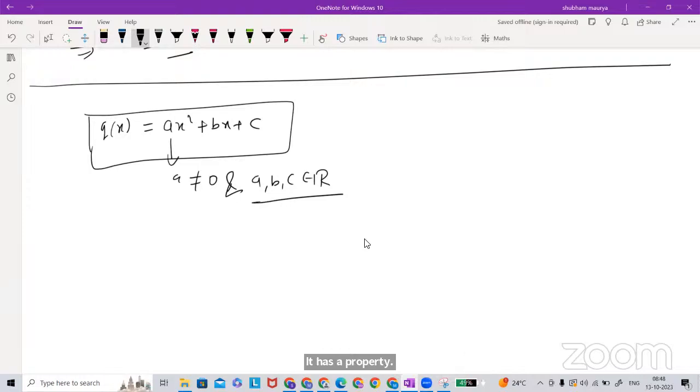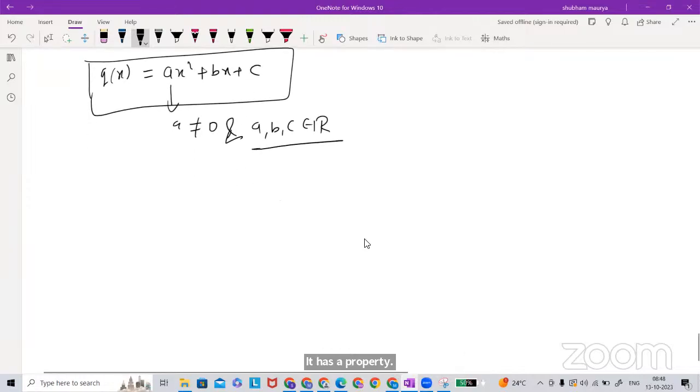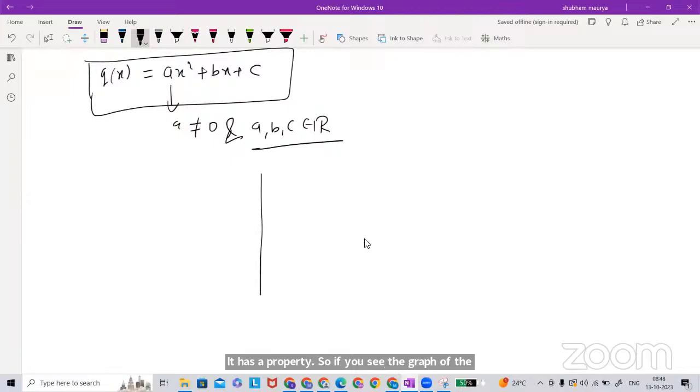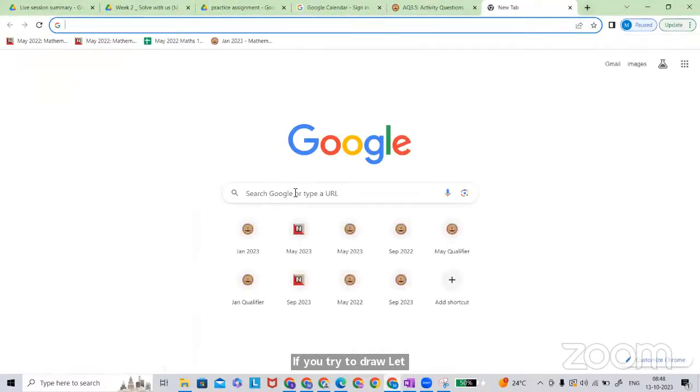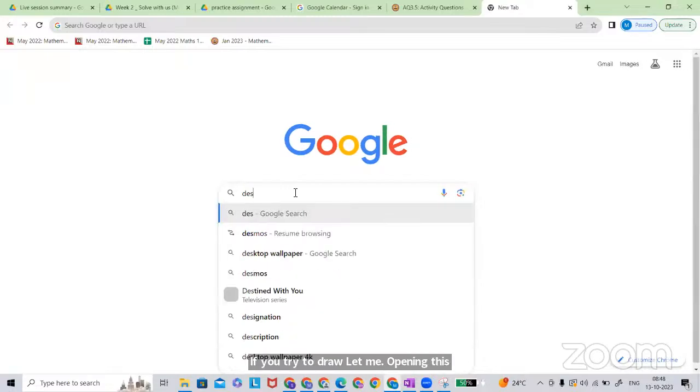It has a property. If you see the graph of the quadratic, we can easily see it even in Desmos. Let me open Desmos.